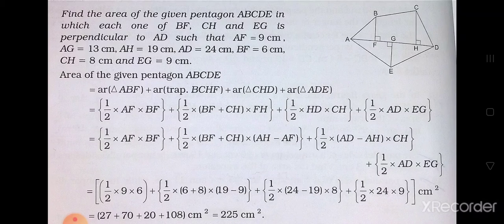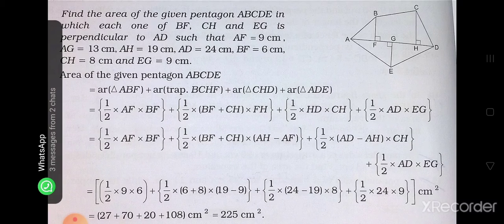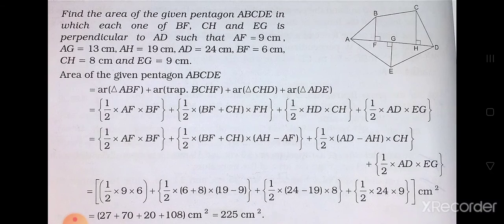Here you can see, student, in this question that FH is not given to me. So in order to calculate FH we have to find its length upon subtracting AH minus AF, and in order to calculate HD we have to subtract AD minus AH, and remaining sides are given.